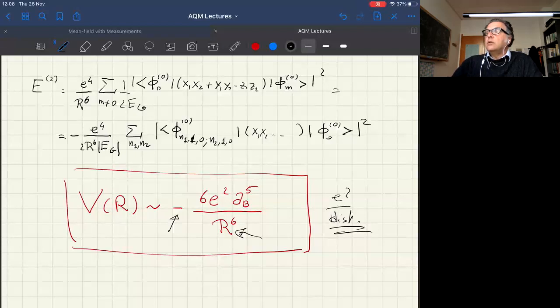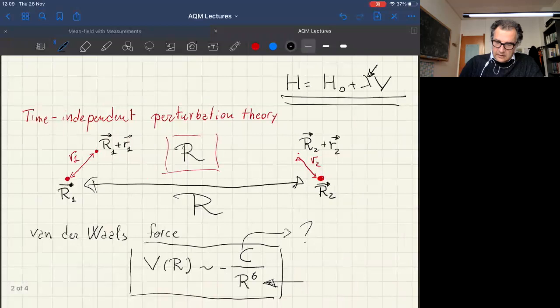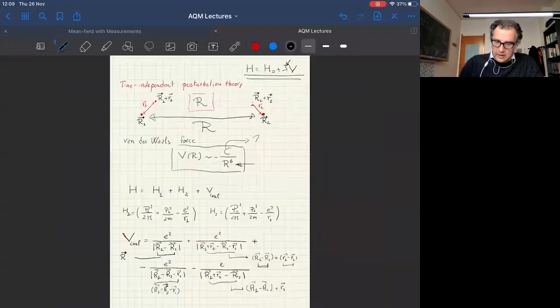Something which I would like to start now is something different, that is the last chapter of perturbation theory, that is time-dependent.